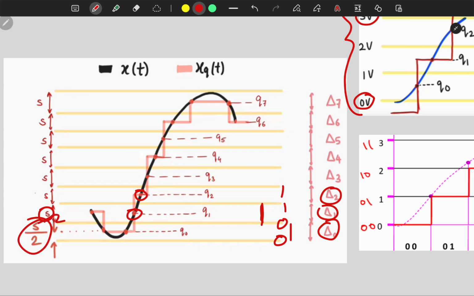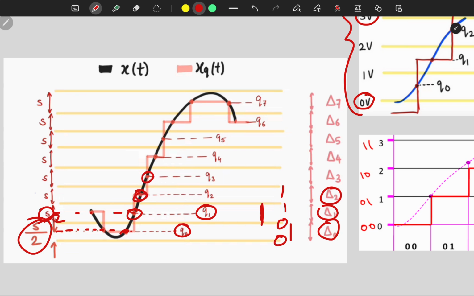This is S by 2. So we take the value in this path, and this is the first quantization level q0. In a similar way, for the next delta 1, the quantization level q1 is at the half of this point. Then q2 will be here, and q3 is here.